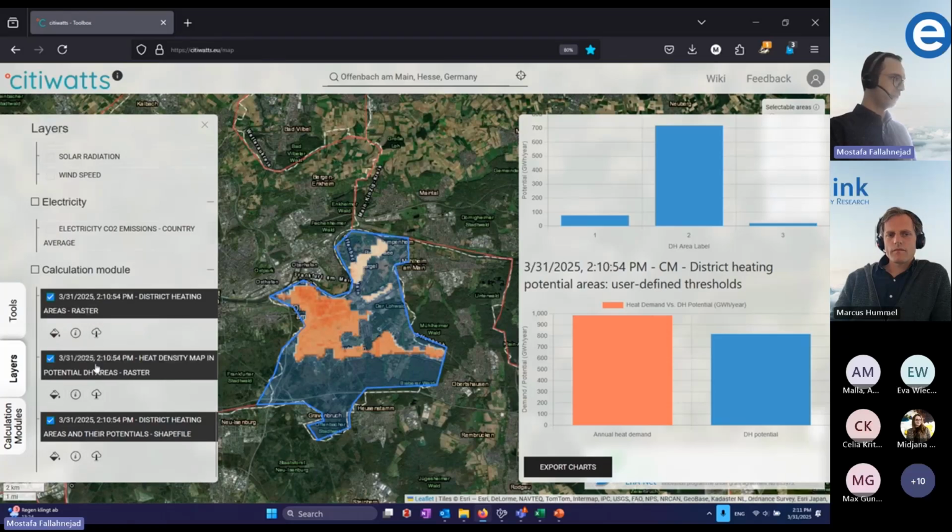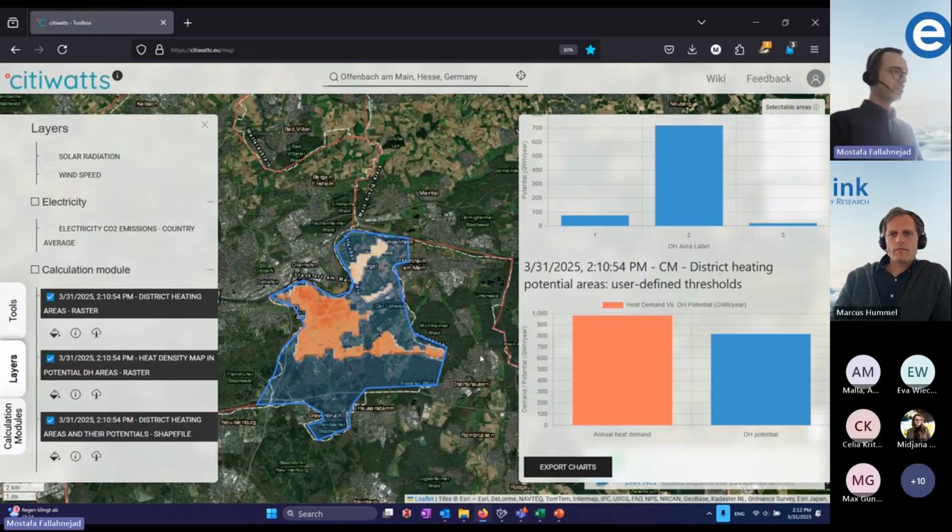You have the option to download them, in raster format and also in shapefile. So if you want to work with the output data independently of the platform, you have the option to download these layers and see where potential district heating areas are.